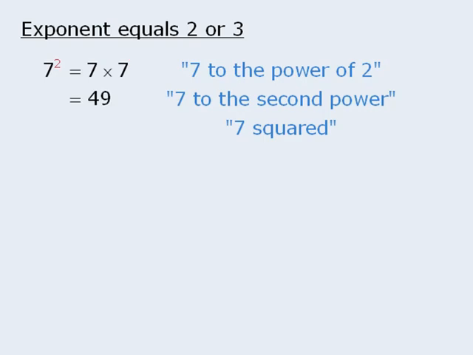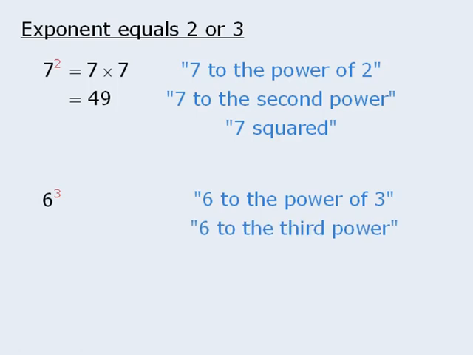There is also special terminology when the exponent is equal to 3. We can read this expression as 6 to the power of 3, or 6 to the 3rd power, or 6 cubed. So if the exponent is 3, we can say that the base is cubed. In this example, 6 cubed is equal to 216.